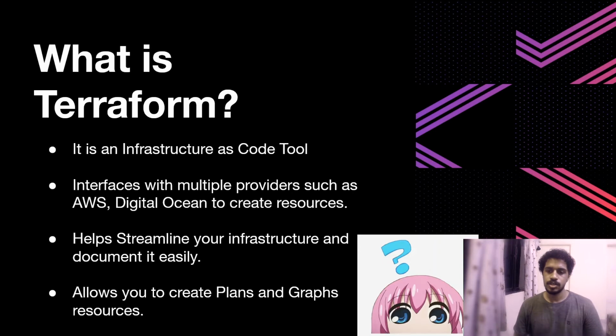Basically, an infrastructure as code tool helps you put your infrastructure in terms of code, and allows you to build on it in a much better way compared to ClickOps, wherein you're in the console and you're clicking a lot of windows. ClickOps is good when you're starting out, so you'll be able to know what you have to create and how you have to create it and what options are required.